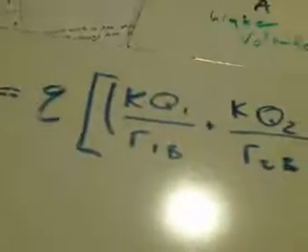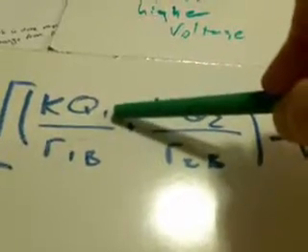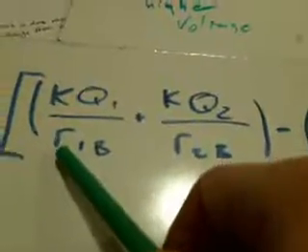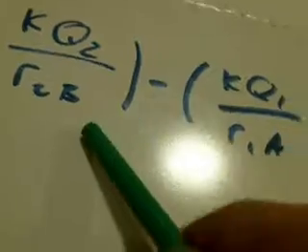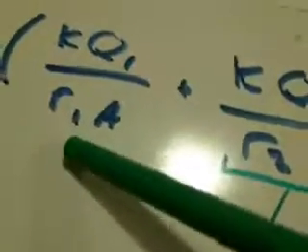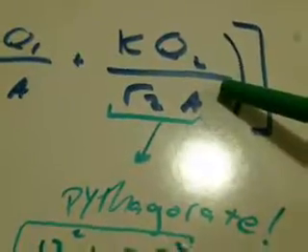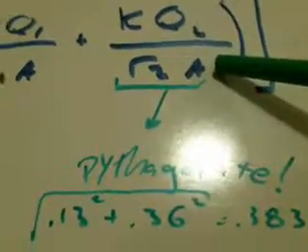So B minus A, and the formula for voltage is KQ over R. So the Q brought to you by charge 1 divided by the distance, the radius, that 1 is from point B, plus KQ2, and divide that by the distance, the radius 2 is from B. From that I will subtract the K, same Q1 divided by how far it is from point 1, from A, charge 1 from point A, and the KQ2, the same Q2 divided by the radius that point A is from charge 2.